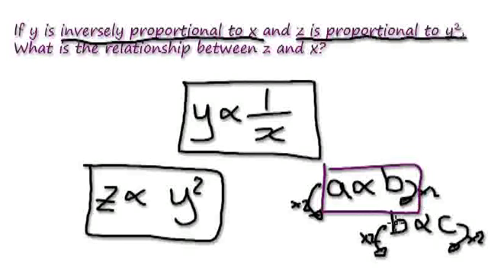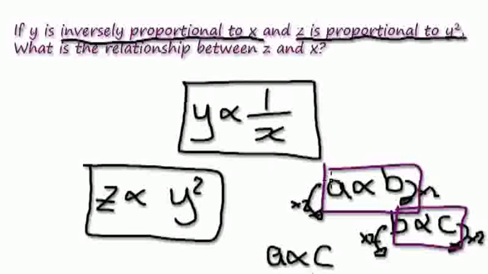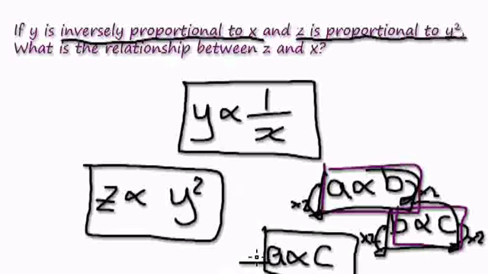So you've got two separate statements, but you can actually say that A is proportional to C. From these two we can deduce this.